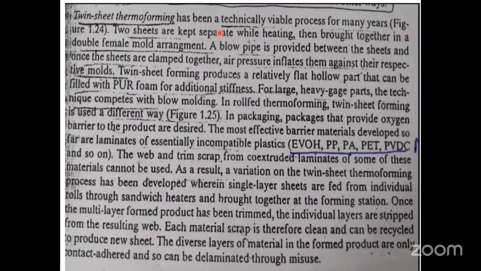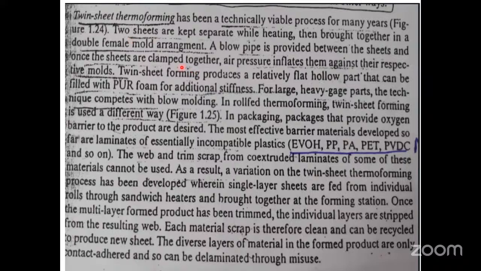You have seen it in any shop, even school students are taking that pouch. Okay, potato chips pouch, groundnuts pouch. There is even a banana slice pouch available in the market. Many pouches, and all those pouches are made by this twin sheet thermoforming process.